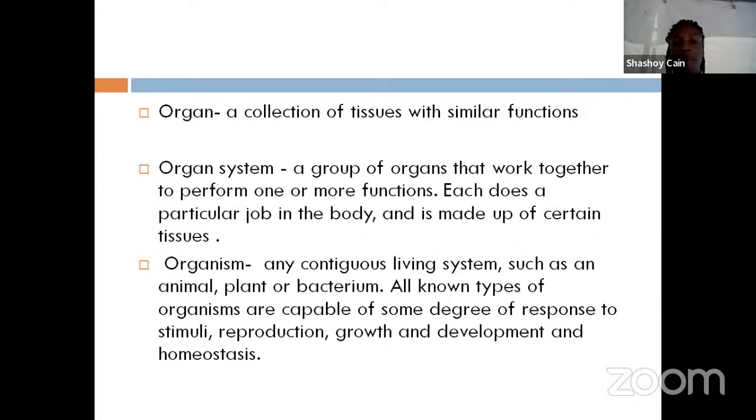So an organism is any living system such as an animal, plant, or bacterium. All known types of organisms are capable of some degree of response to stimuli, reproduction, growth, and development, and homeostasis.